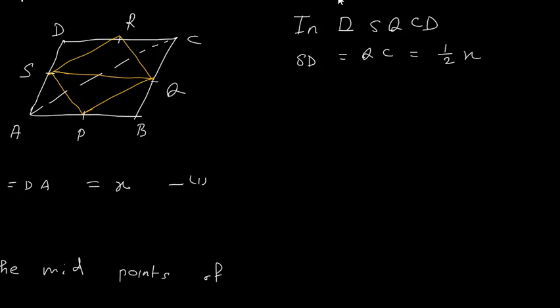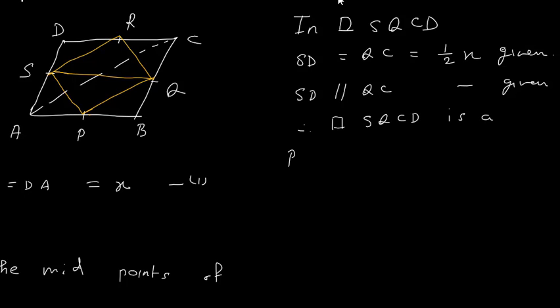So SD and QC will be equal to half of x, and SD is parallel to QC. Both are given. So this SQCD is a parallelogram. Therefore, this side SQ will be equal to DC, which is x.